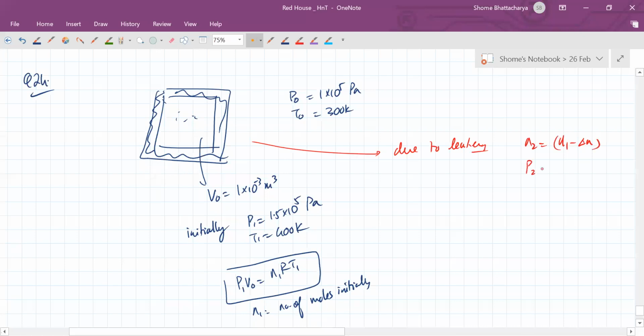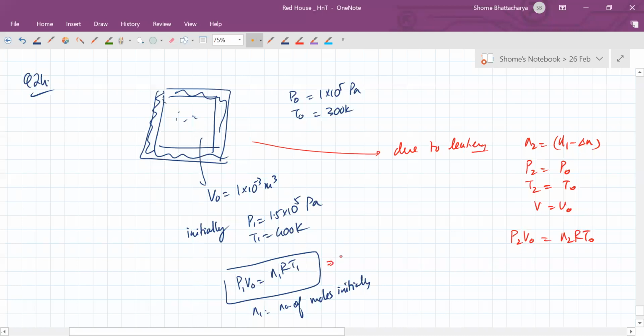But till when will the gas leak? When the final pressure becomes equal to atmospheric pressure. And by then the final temperature also becomes equal to this. But the volume of the gas obviously remains V naught inside the container. So we have P2 V naught is equal to N2 R T naught. Okay.